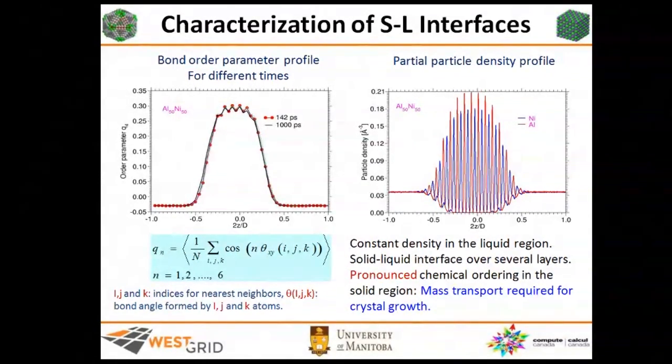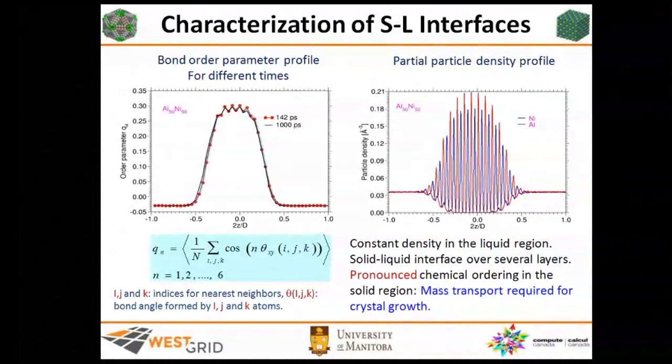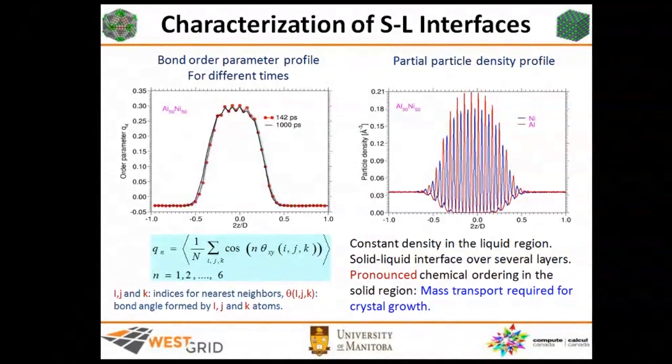So after some time, the system will become liquid. In this plot, I represented the particle density as a function of time. I started with a system that has already some crystal in the middle. After some time, the crystal starts to become narrow. And at the end of the simulation, I have a flat line which corresponds to the liquid density.